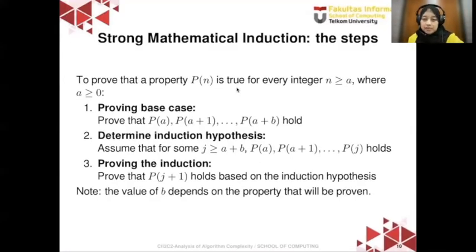Meanwhile, in strong mathematical induction, the steps are the same. We need to prove the base case, determine the induction hypothesis, and prove the induction. But if we want to prove that Pn is true for every integer n that is larger than or equal to a, where a is some non-negative integer, then the base case that we need to prove is not only Pa, but also for some first integers.